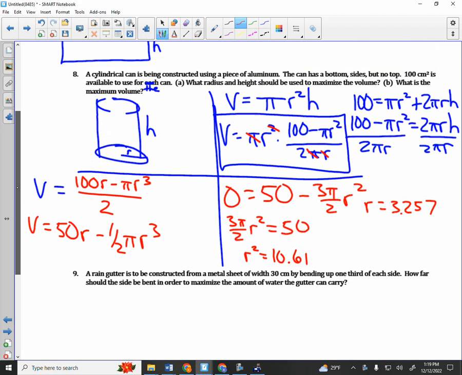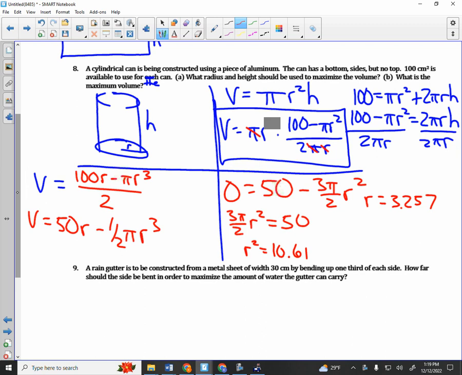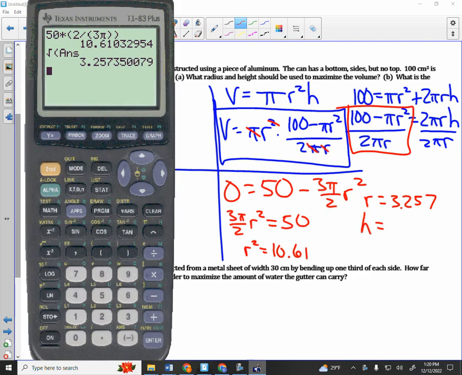So the question was, what radius and height should be used to maximize the volume? I figured out the radius. How do I figure out the height? Yeah, the height was this guy right here, wasn't it? So I'll try that.